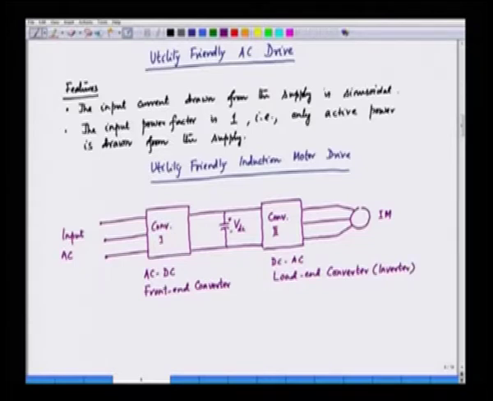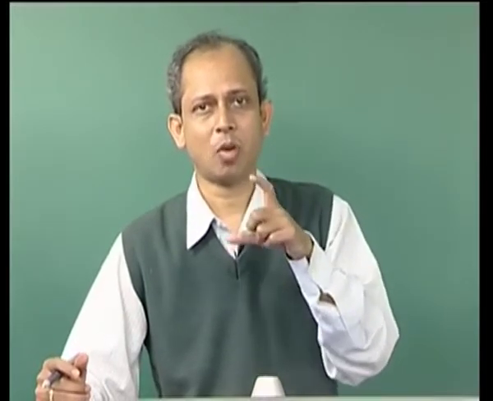These two converters are joined by means of a DC link, and the DC link contains a capacitor, and the capacitor maintains that particular voltage at VDC.